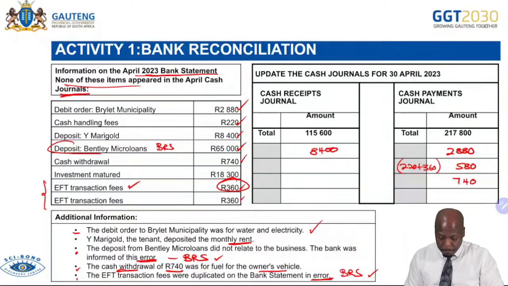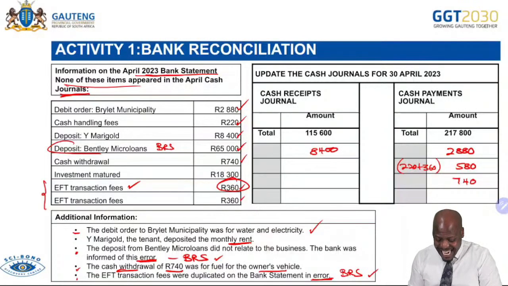The next one is that we're having investment matured, 18,300. Okay, I'm going to touch on that one as we are going. Investment matured, that is your 18,300. Where do we record it?